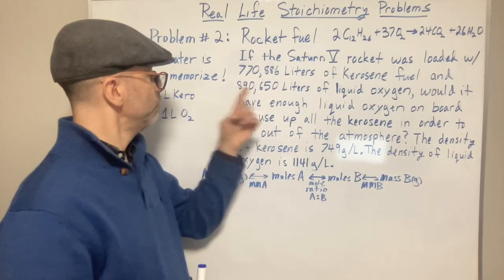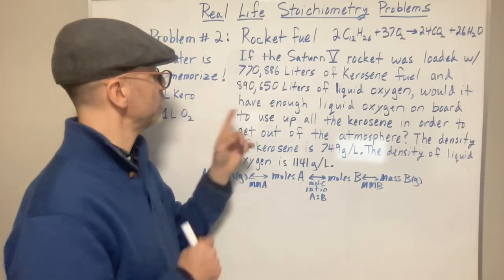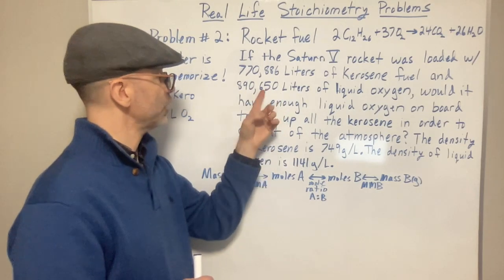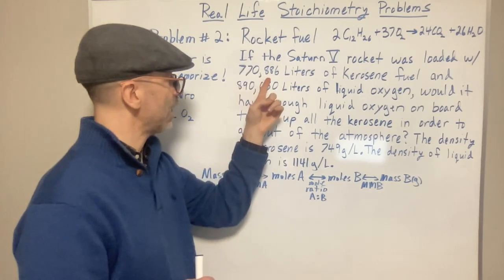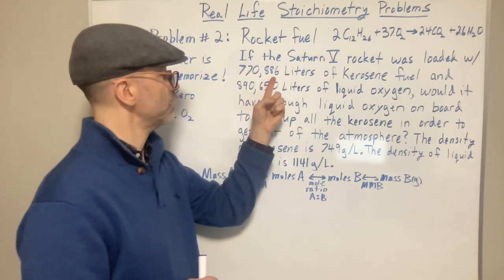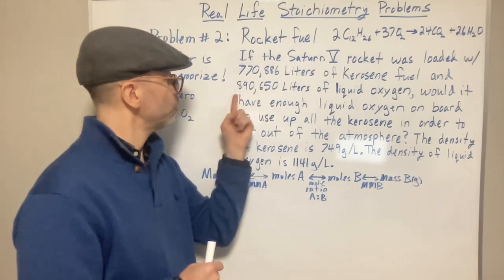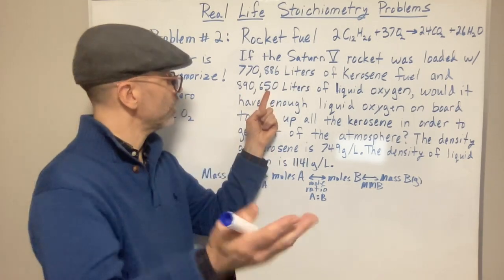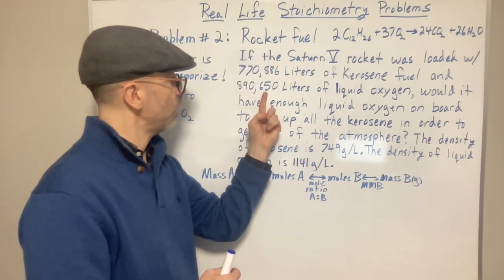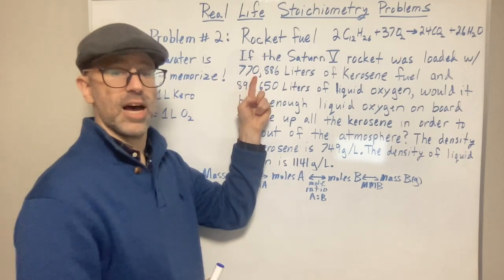Let me restate that. If we use our liters of liquid oxygen and convert that to liters of kerosene, if the amount of kerosene we need to react with this is greater than what we have, if the number we get is larger than this one, then this is not enough.